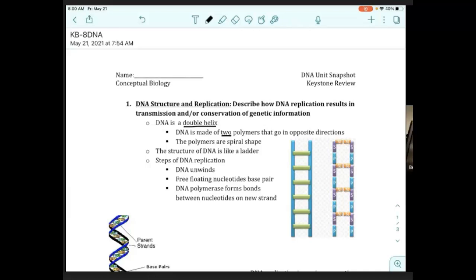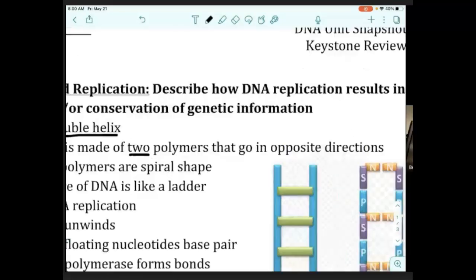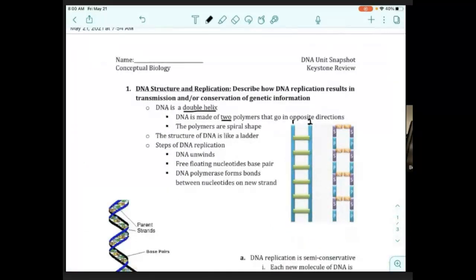And so over here on this diagram, let's number them. There's one, there's two, right? So there's two polymers, and you'll know from geometry eventually if you haven't taken it yet, that parallel means that they are side by side and never intersect.